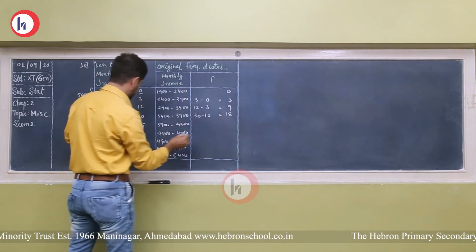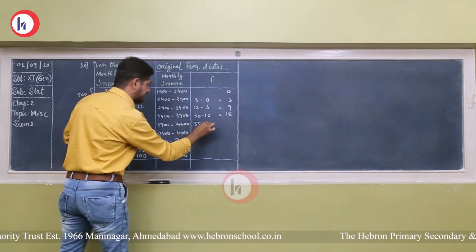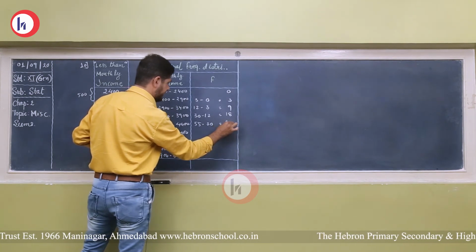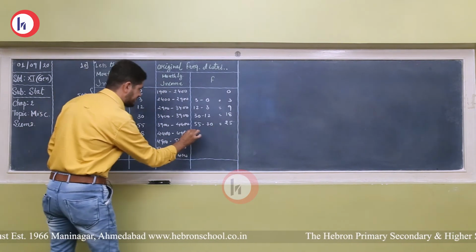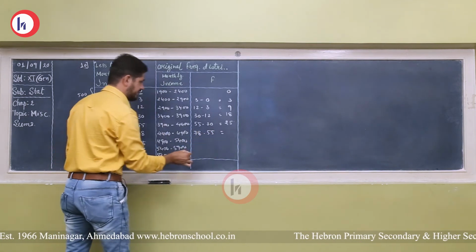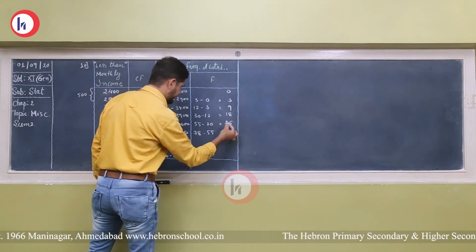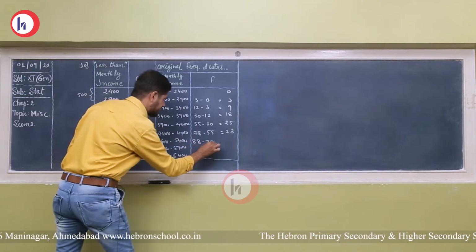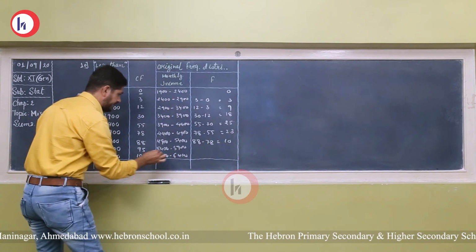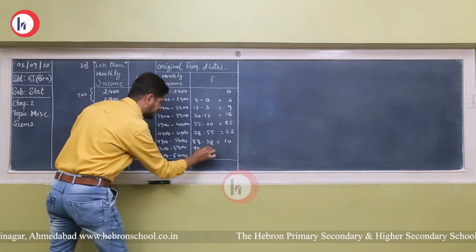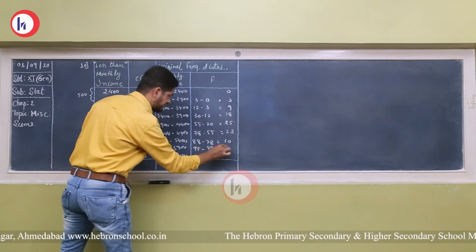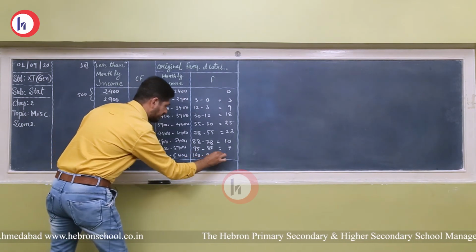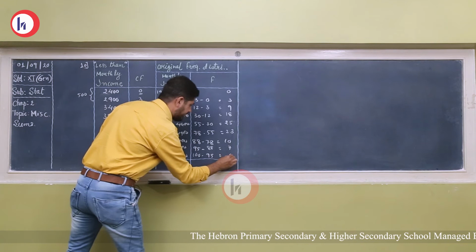30 minus 12, it is 18. Now 55 minus 30, it is 25. Then 78 minus 55 will get 23. 88 minus 78, 10. 95 minus 88 will get 7, and finally 100 minus 95 will get 5.